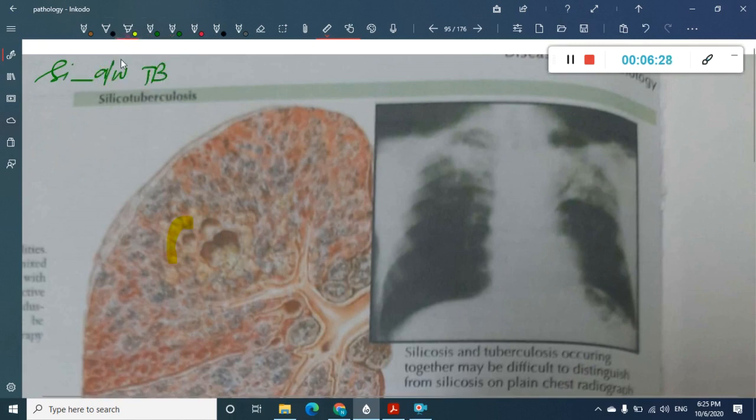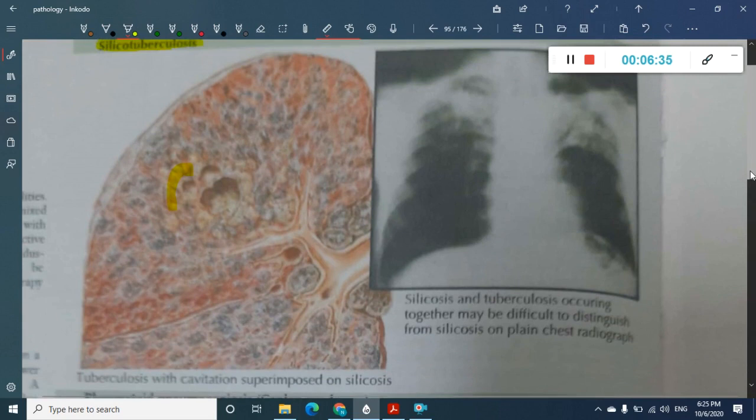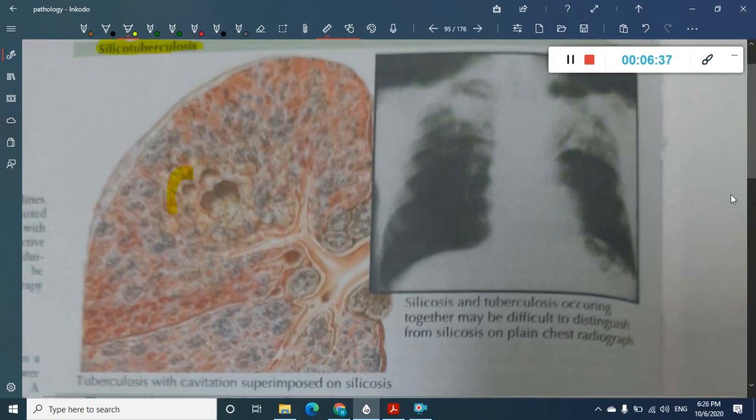If silicosis is associated with tuberculosis, we call it silicotuberculosis, and actually this is more common. Silicotuberculosis will have two things. One, silicosis, so there will be nodules, and in tuberculosis, the pathognomonic feature is cavities, so you will see cavities also. So these are the cavities which you see, and you are even seeing the nodules. Nodules pertaining to silicosis, and cavities due to tuberculosis.